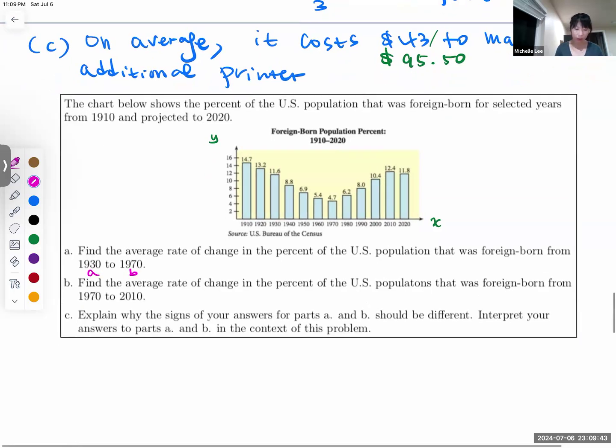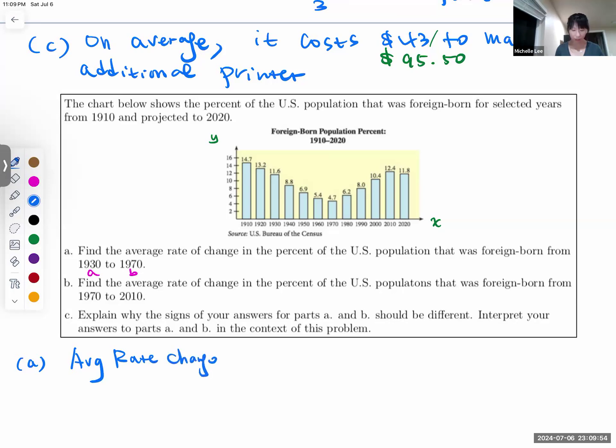Okay, so let's find out average rate of change. So let's denote f of b minus f of a over b minus a.